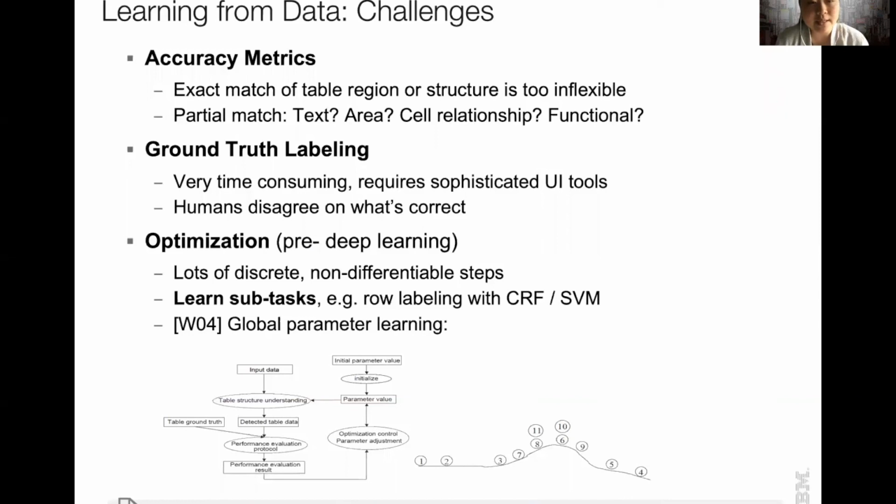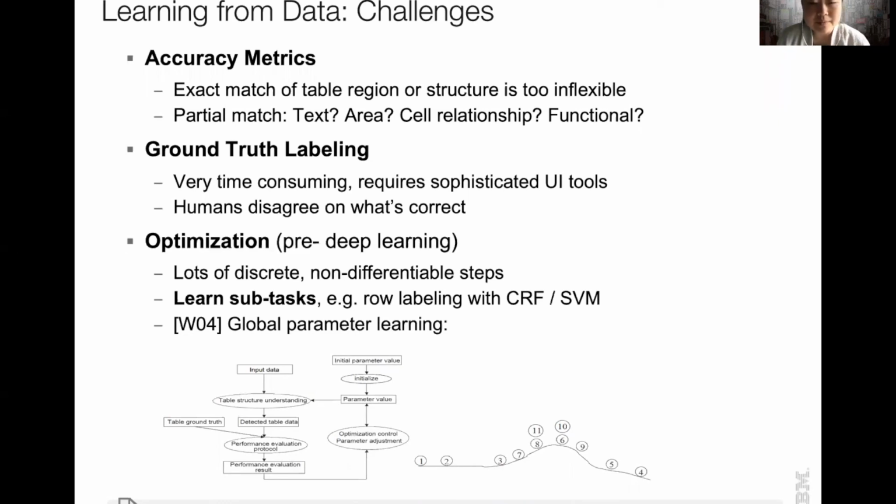Secondly, to create more data either for evaluation or for training, it is actually very time consuming to create ground truth for tables. You can imagine that it's quite tedious to indicate all the cells, and a lot of data might be needed depending on what model you're working with. And this often requires some sophisticated UI tools that don't always exist. And in fact, humans can sometimes disagree on what's correct. There are some tables that look like they could be 2 tables or 1, as has been shown earlier.